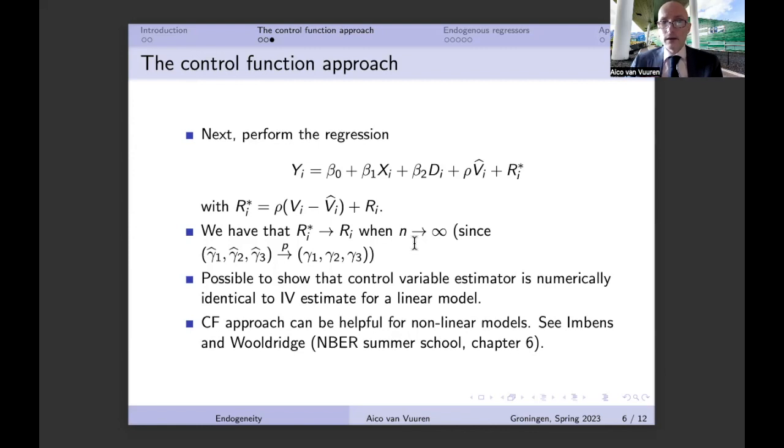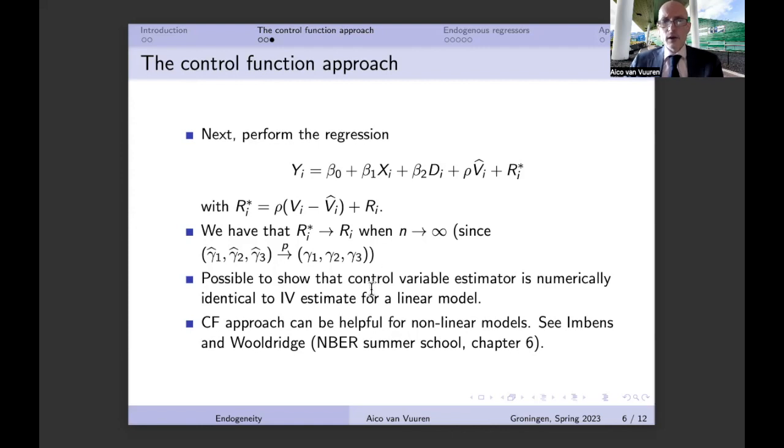I hope that you know from your earlier classes that IV is also a biased but consistent estimator. So that means that we now have two estimation techniques. Both are biased, but both of them are also consistent. So both methods are very good when we have many observations, not that great if we have very few observations.